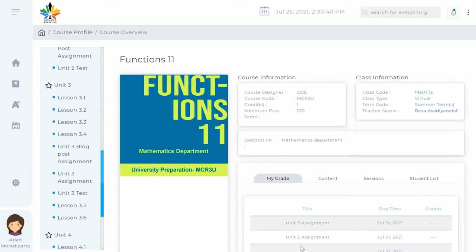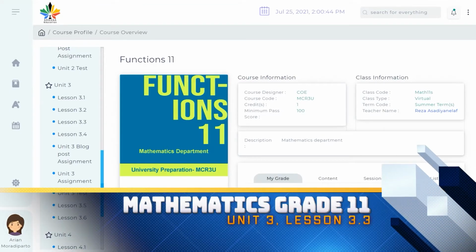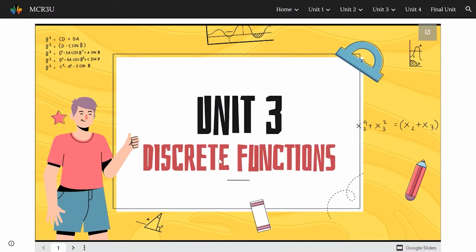Today we are going to talk about Mathematics 11, and specifically lesson 3.3. Let's go and start it. Unit 3 is about discrete functions.